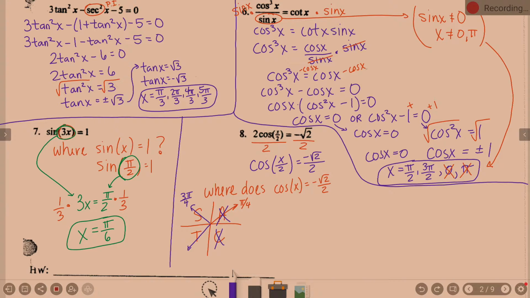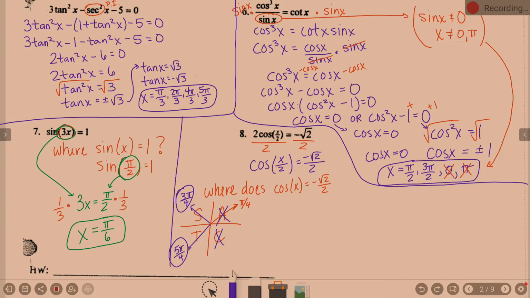And down in quadrant 3, what is pi over 4 down from the x-axis? And that is 5 pi over 4. So these two pieces right here, that's where cosine equals negative square root of 2 over 2.